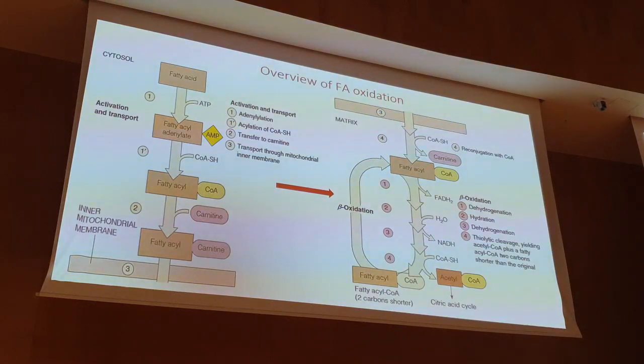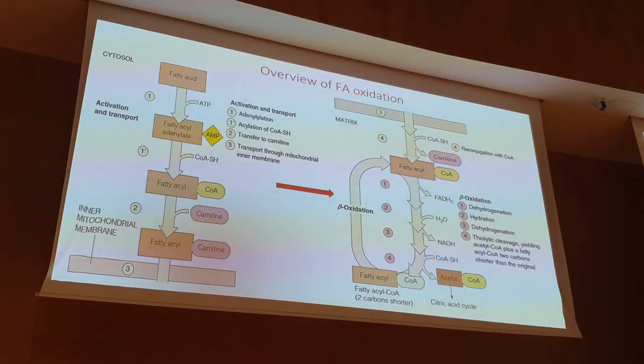Still in the cytoplasm, we need to transport it into the mitochondria, because all the enzymes required to break it down are in the mitochondria. To transport it into the mitochondria, I need a molecule called carnitine. Carnitine is a molecule that will transport the activated fatty acid, the fatty acyl CoA, into the mitochondria.